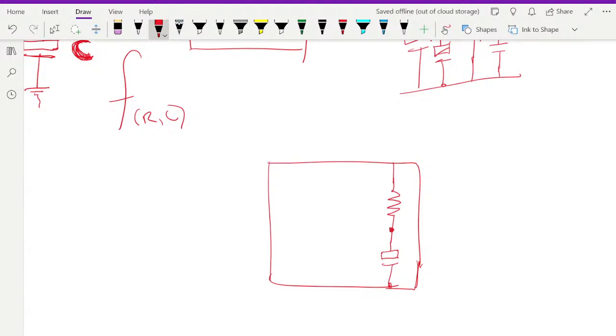The company that made the microcontroller had put an internal resistor inside, and also recommended an optional external resistor that will be connected. So if this is the pin, this external resistor will connect. So this is the VCC.